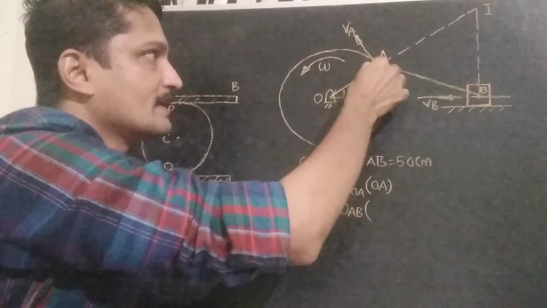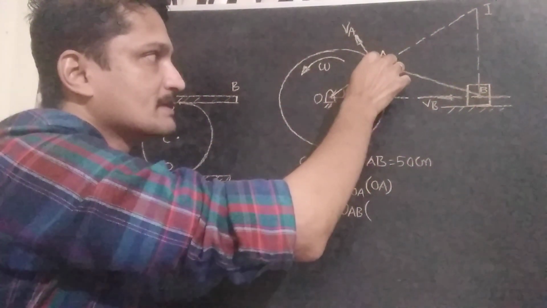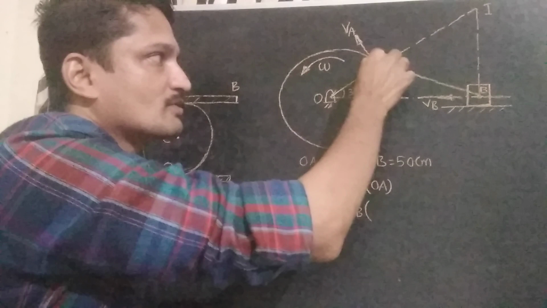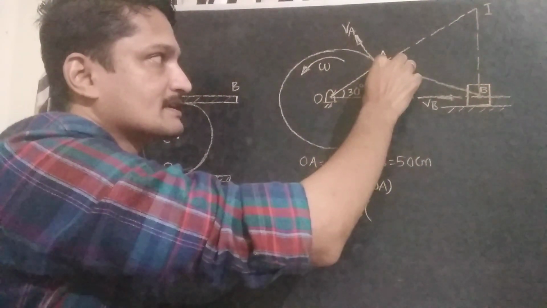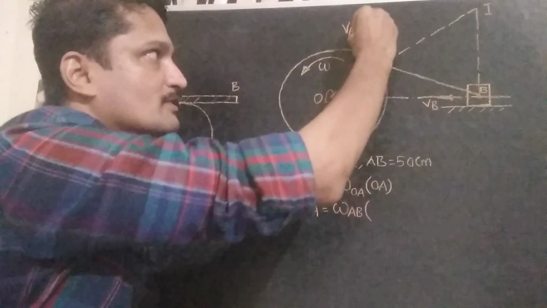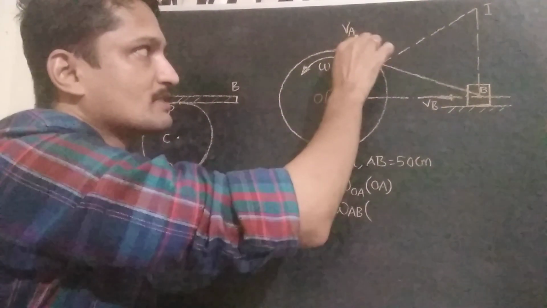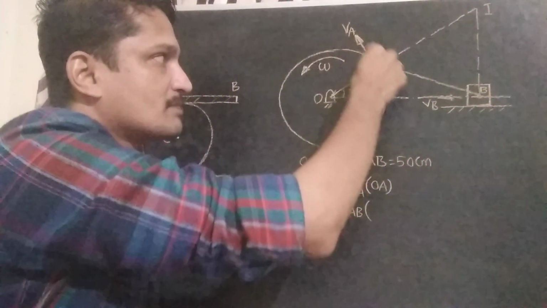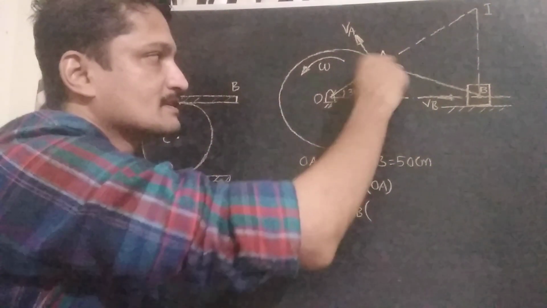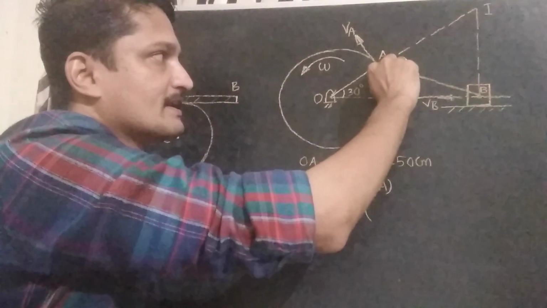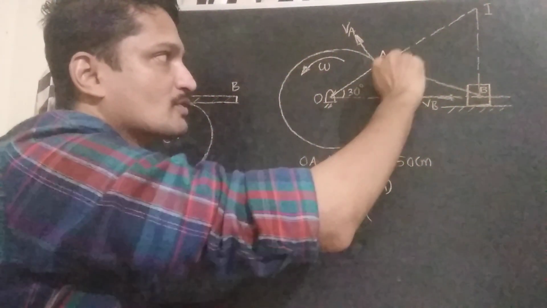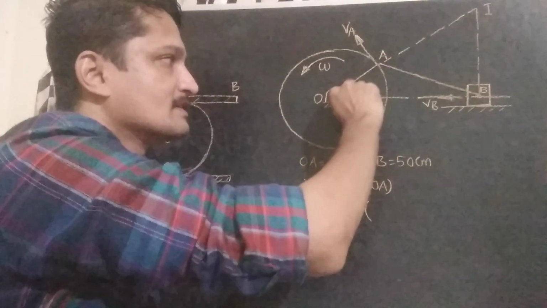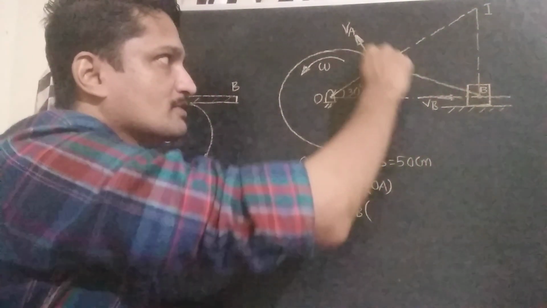Next, the velocity of A, when we consider A in connecting rod AB: that velocity, in magnitude and direction, we already found out. Then we can draw a line perpendicular to this velocity, that means along OA we draw a line perpendicular to VA.